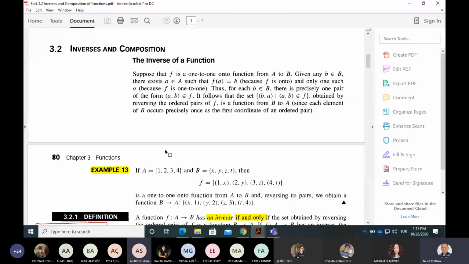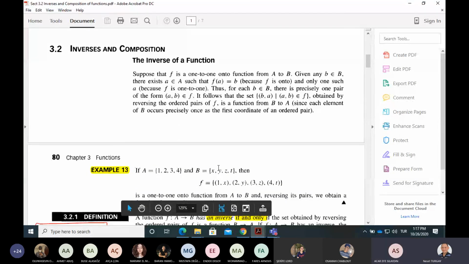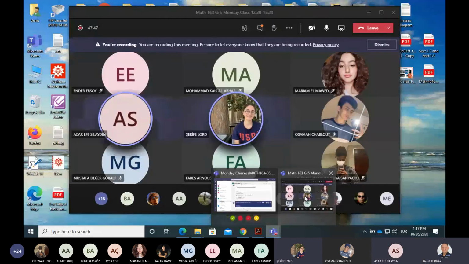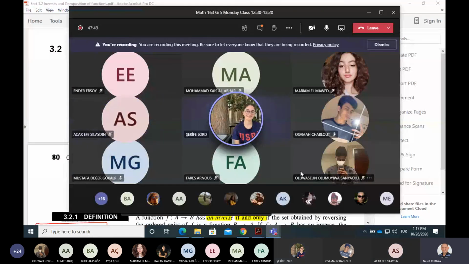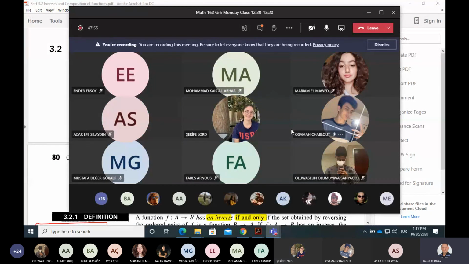Where can I find that PDF file? I remember one student, but I don't know his or her name. I have the PDF. If you want, I can send it to you. I don't know who is talking, but she is a very helpful student. Please ask her.